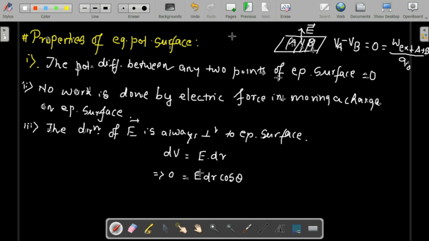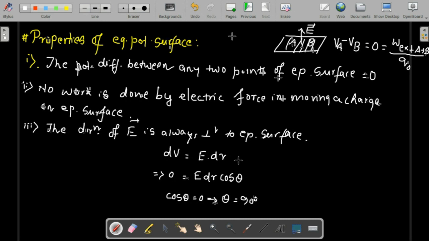Now, if there is an electric field, E cannot be zero. If E were zero, we would simply say that the electric field does not exist. But let's say the electric field exists, and the distance is there. The only thing that can make it zero is cos theta. So cos theta has to be zero. It simply means that theta has to be 90 degrees, because cos 90 is zero.